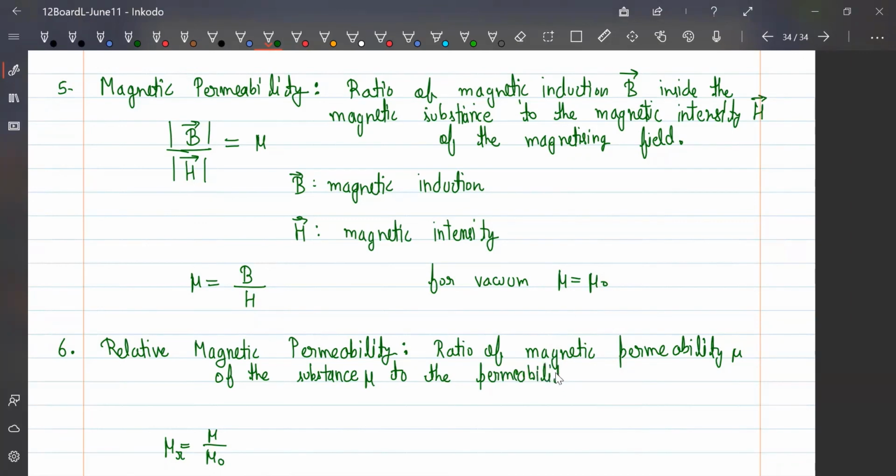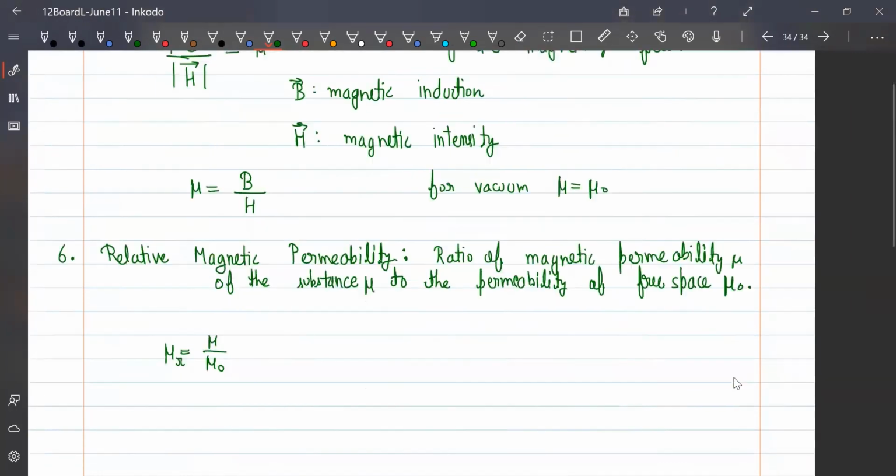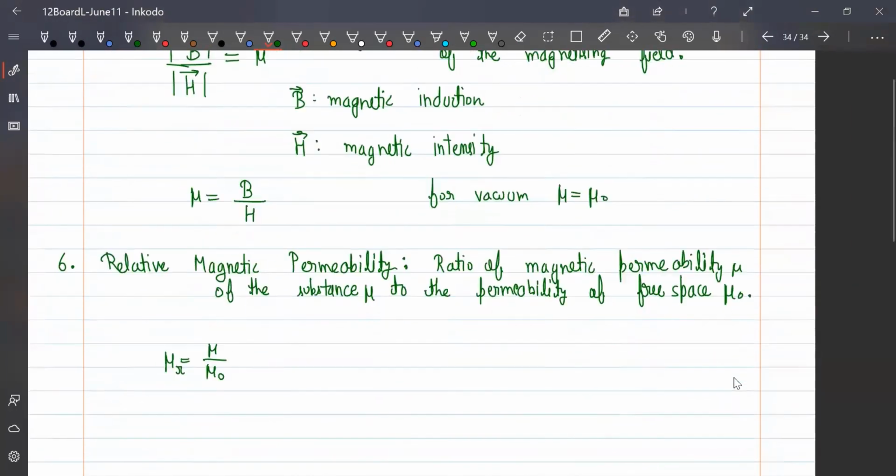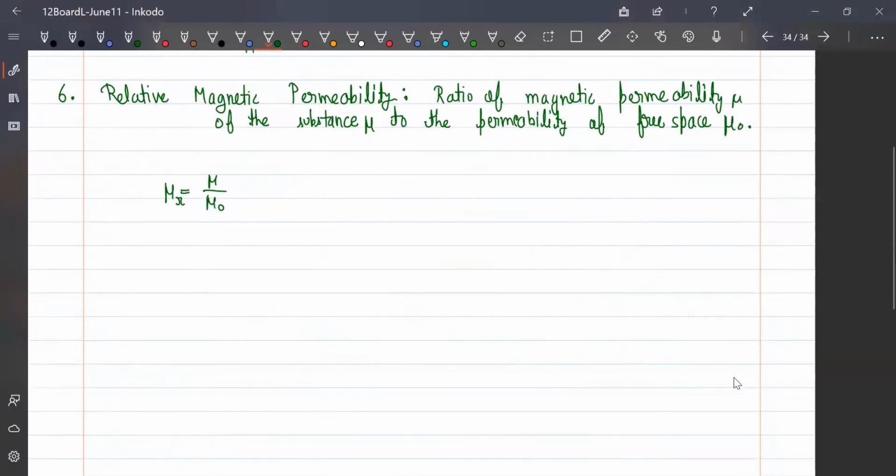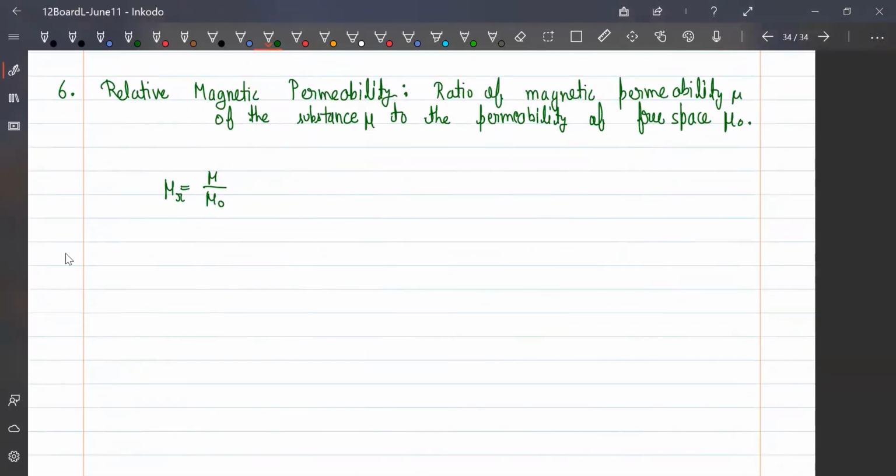Permeability of free space. And this is a dimensionless quantity. Relative magnetic permeability is a dimensionless quantity.